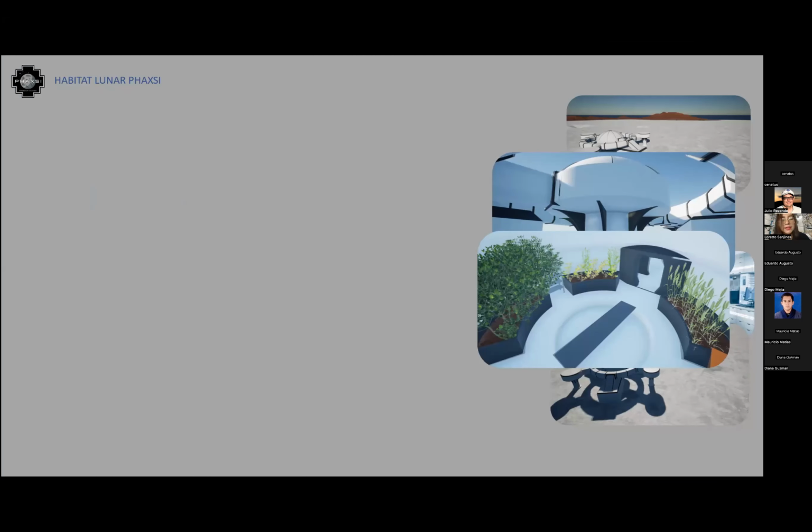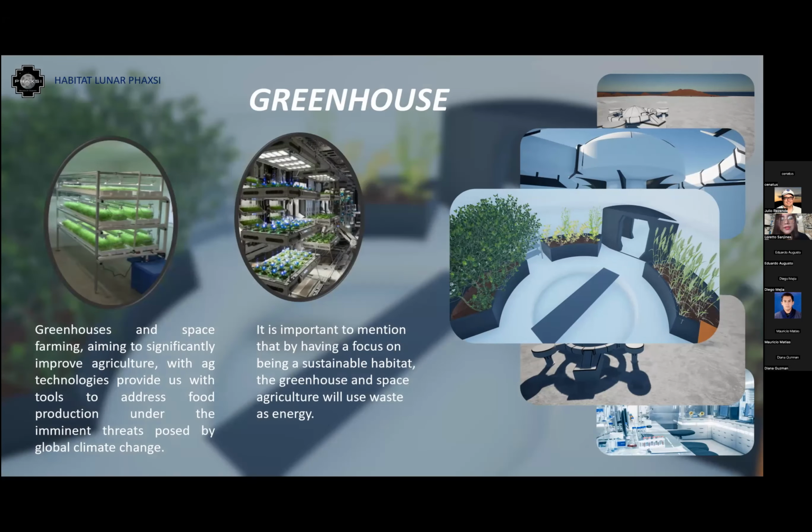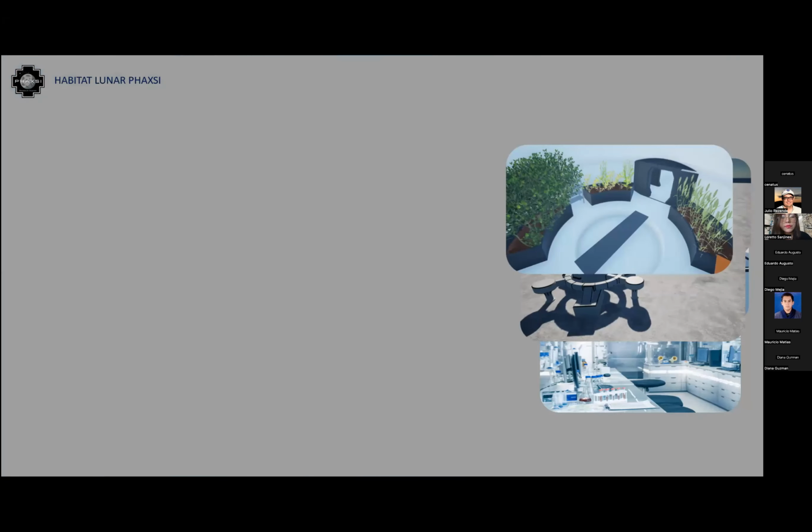The next slide is about the greenhouse, which is located in the middle of the entire habitat. This is in order to study space agriculture and to be able to contribute when the region reaches high radiation levels, and contribute to future advances in crops on the moon.